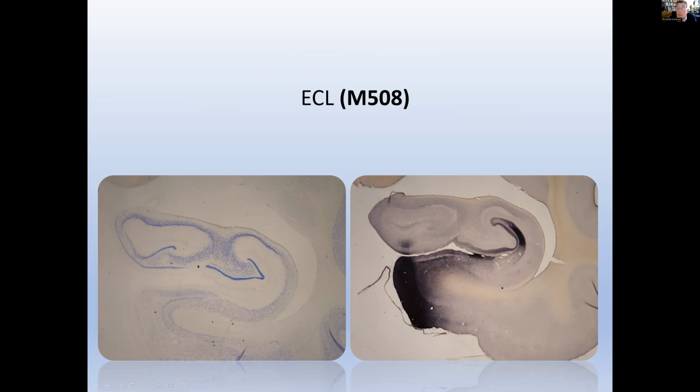So you can see the projection. That's what we were looking for. The projection to the stratum lacunosum moleculare and the molecular layer of the dentate gyrus is perfectly marked. And then we have here the projection from layer 2 neurons of the entorhinal cortex to the stratum lacunosum moleculare.